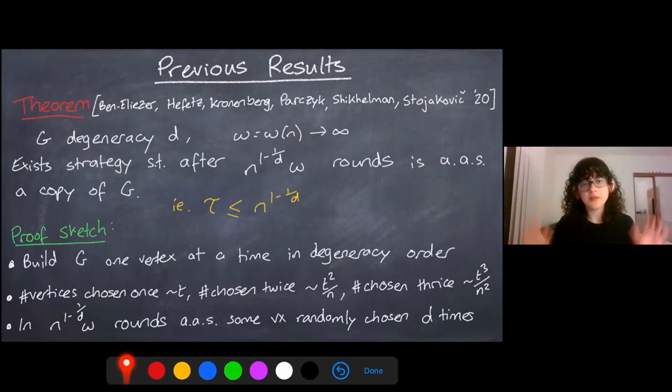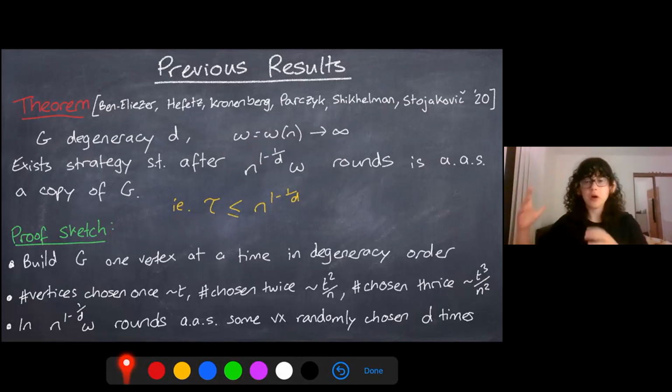Each of those is still going to have n to the 1 minus 1 over D times omega steps in it. All you need is that in each of those blocks, there was some vertex that was chosen D times. If that's the case, then in the first block we just put in the first vertex. In the second block, we create a copy of the second vertex, and so on.